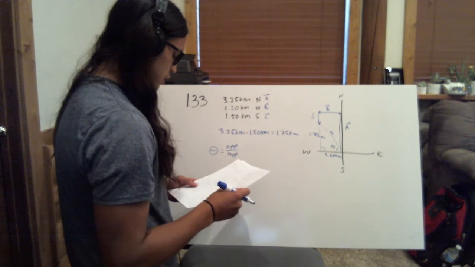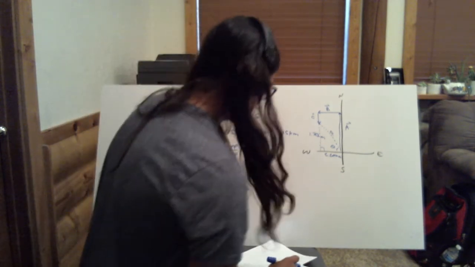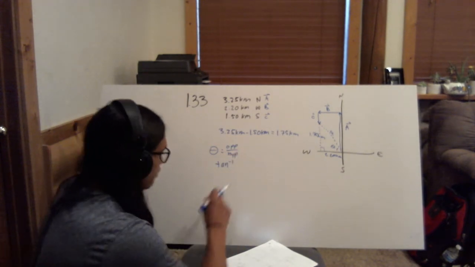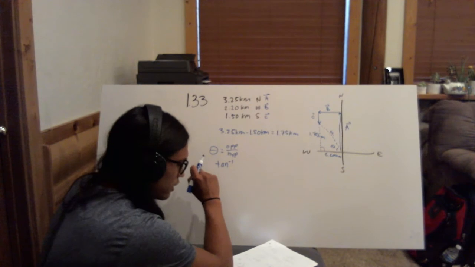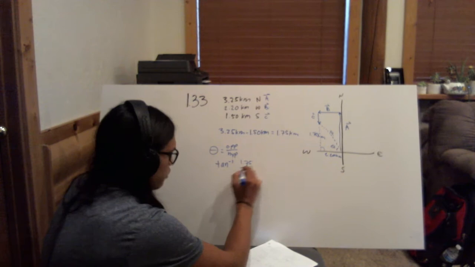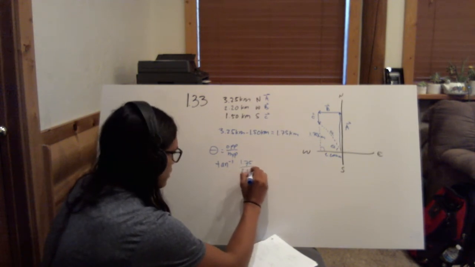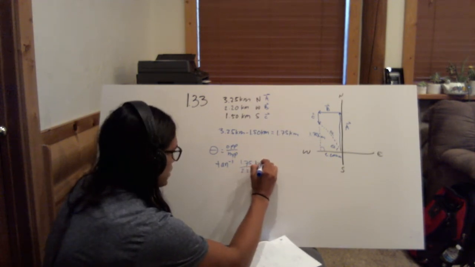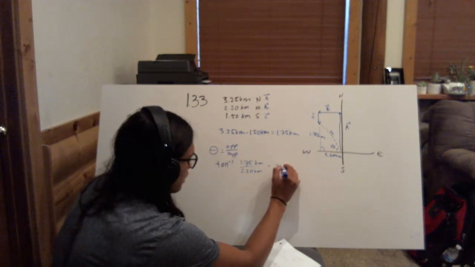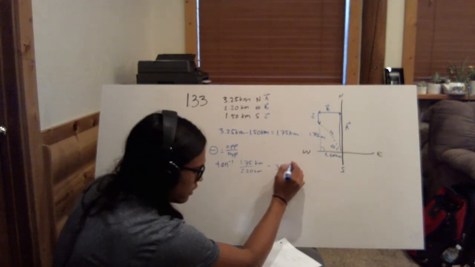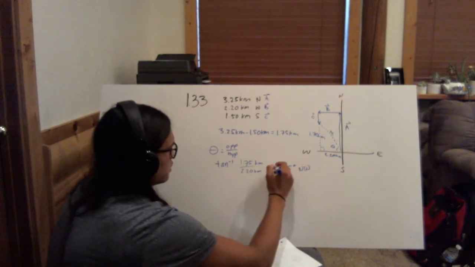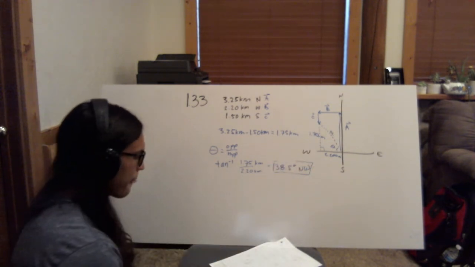And that will be, we're going to use inverse tangent of this opposite over adjacent, which is 1.75 over 2.20 kilometers, which equals 38.5 degrees facing northwest. So that's one of the answers that it's asking for.